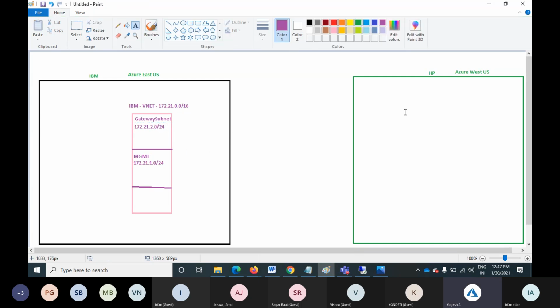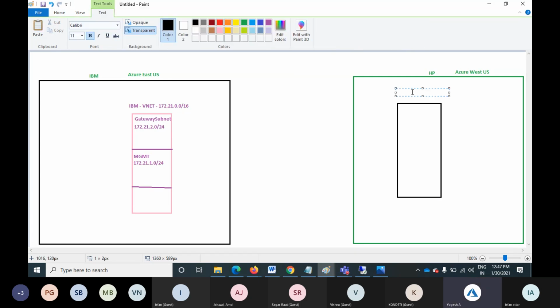Now on the HP side, you have the HP VNet, 172.22.0.0/16.